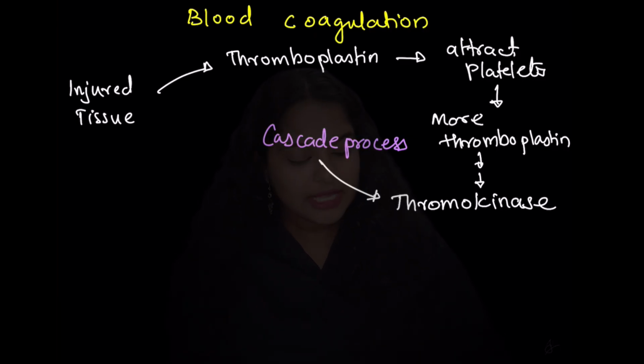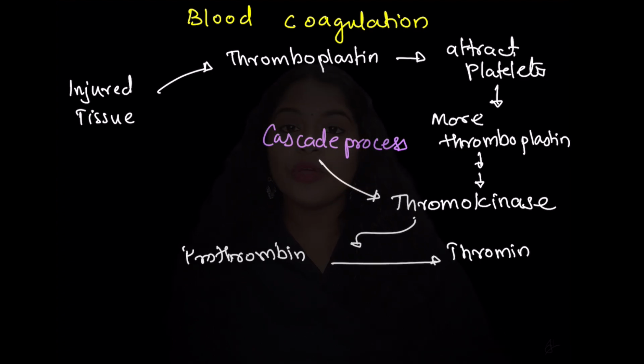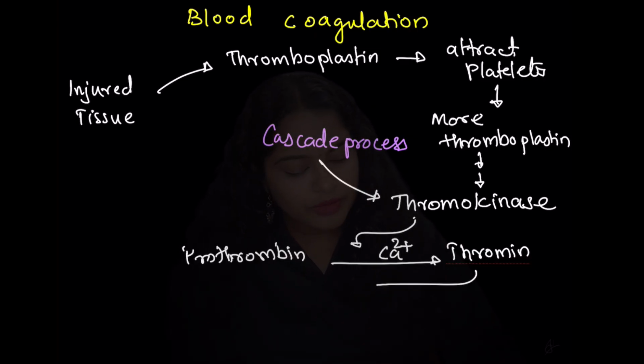Now what happens? This thrombokinase will activate the prothrombin, which is found in an inactive form in our body, into thrombin. Now this thrombin is active, and this will take place only in the presence of calcium. What will thrombin do?